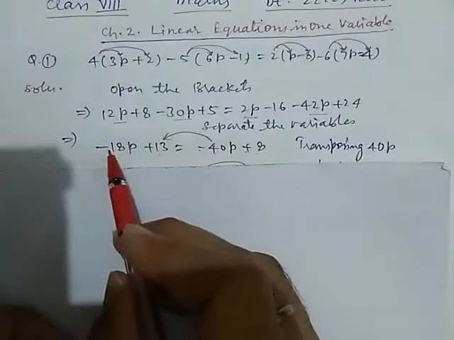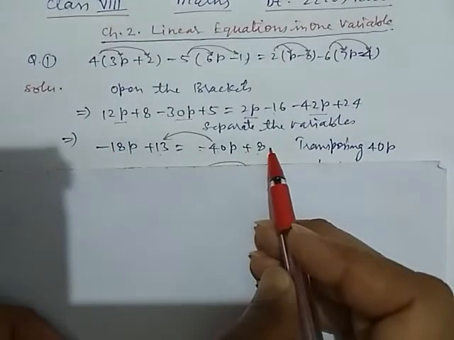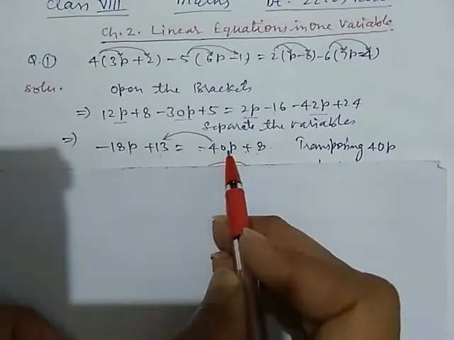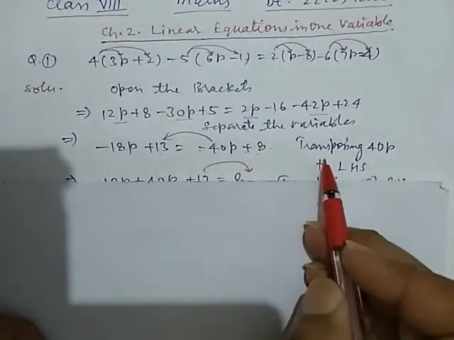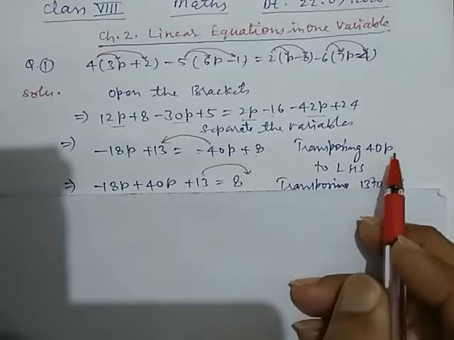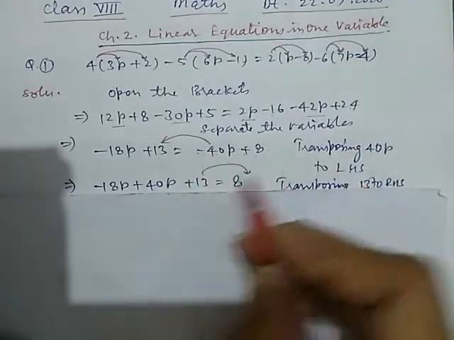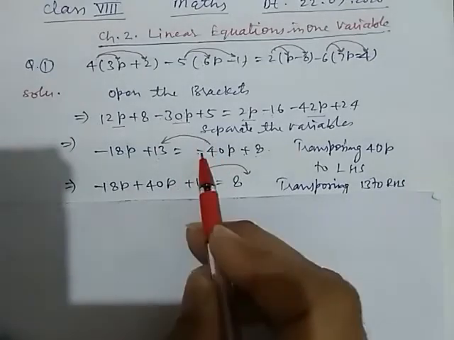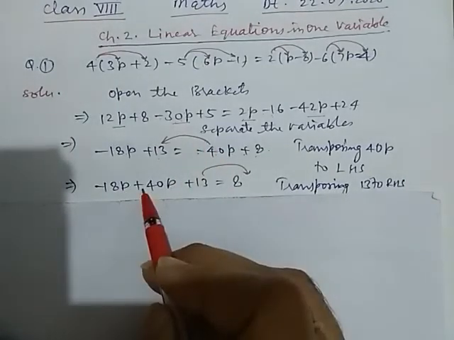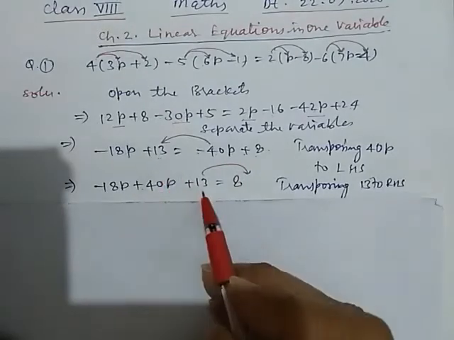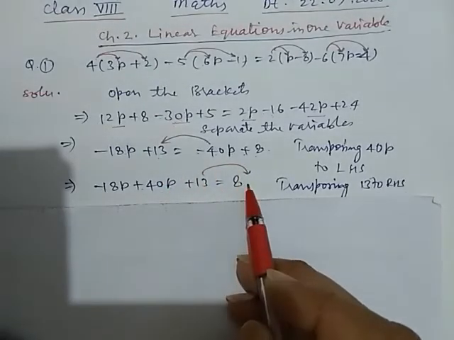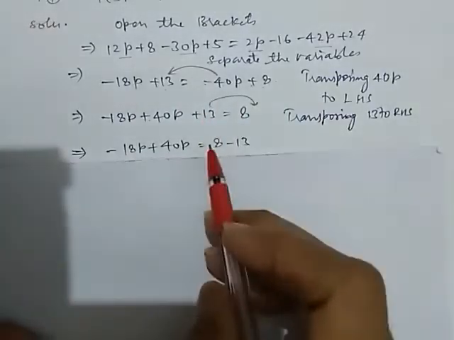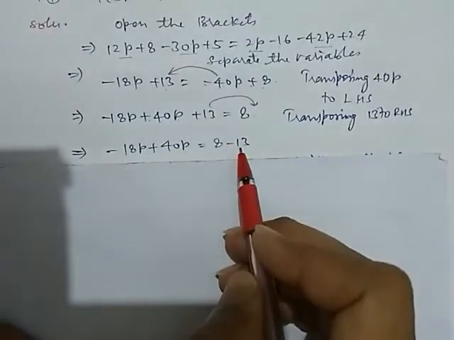So now our equation reduces like this. Now we transpose this minus 40p to the left hand side. After transposing, we get minus 18p plus 40p because the sign changes, and this 13 we transpose to the right hand side, so here minus 13.